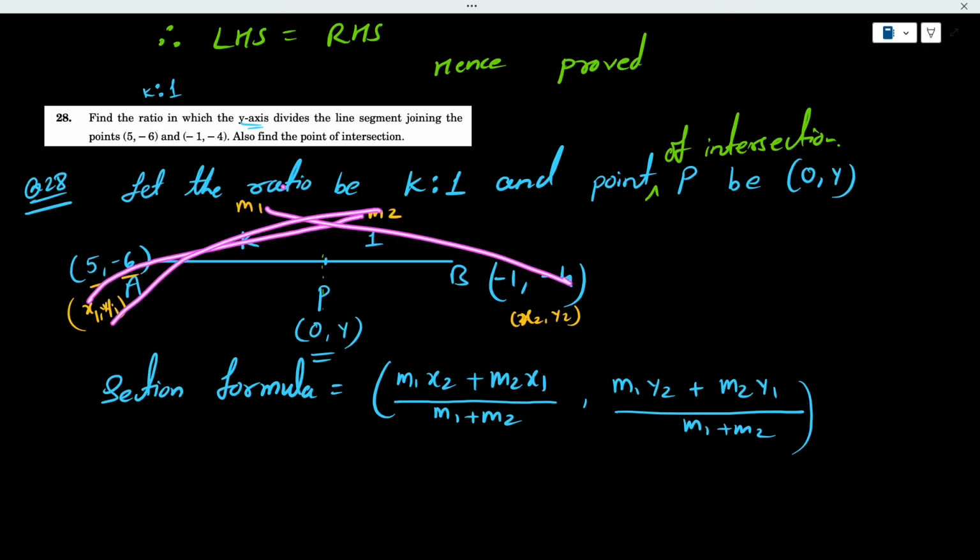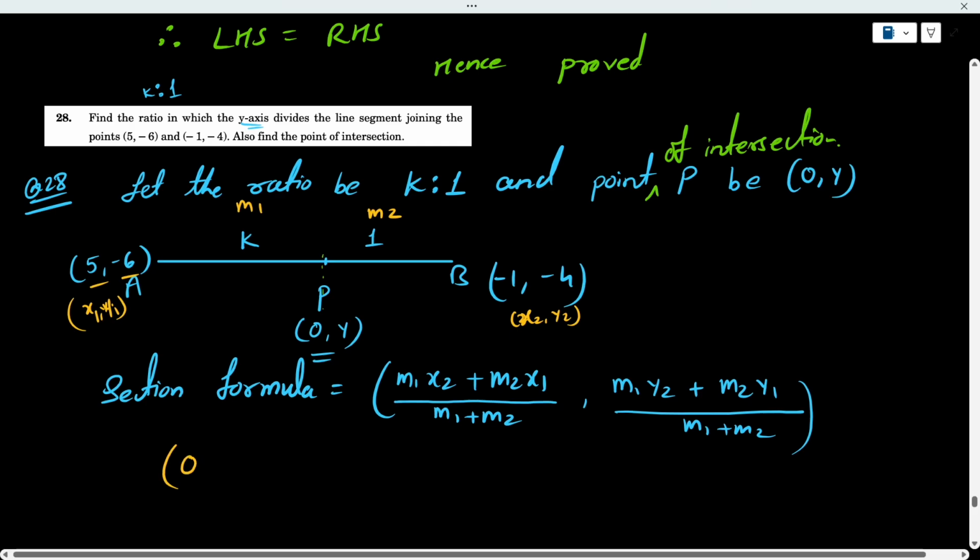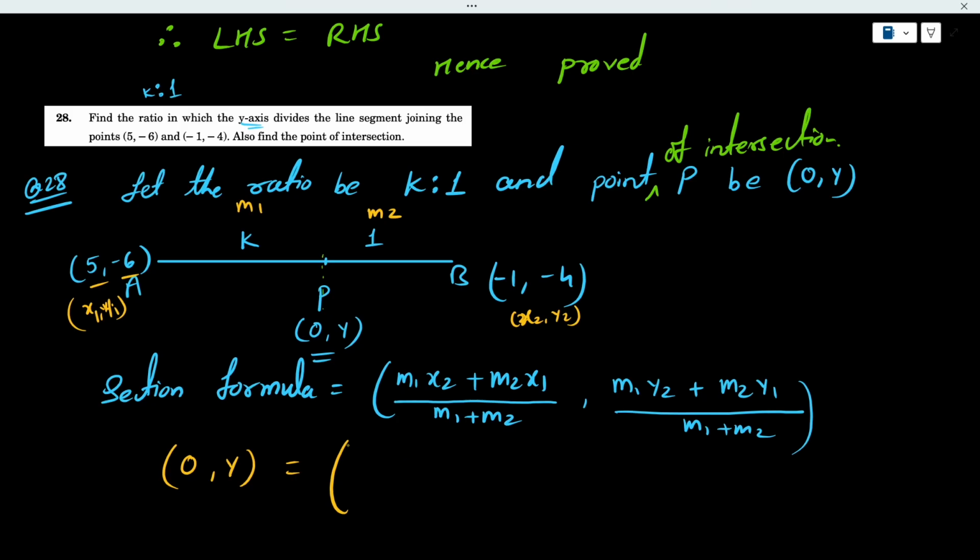So how are we going to take it here? You can write on the left hand side 0 comma y is equal to, here m1 is nothing but k, so k times x2 will be minus k, and m2 is 1, so plus 5, by k plus 1, comma, then m1 y2 will become minus 4k, then 1 into minus 6, by k plus 1.